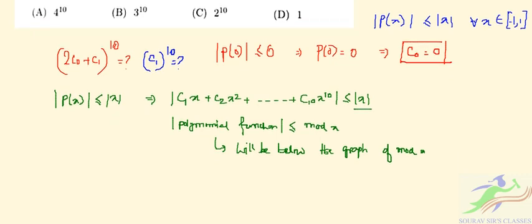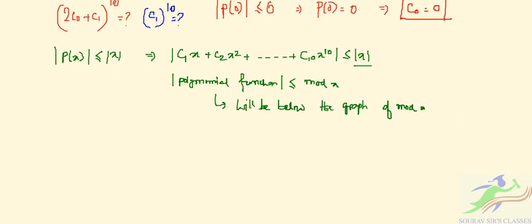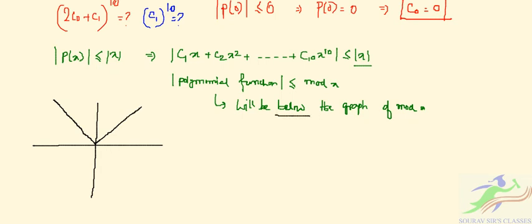So if we draw this, first of all, if we draw this particular curve, we can represent |x| as this function, and this polynomial function will be below the graph of |x|, so it will be here. So this is how the polynomial function looks. The diagram is for representation, so you can have an idea.